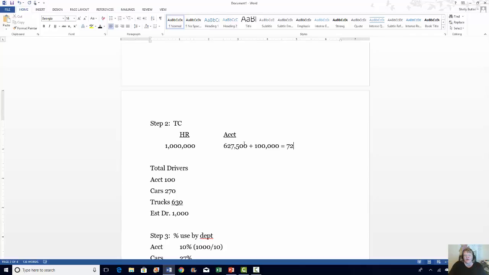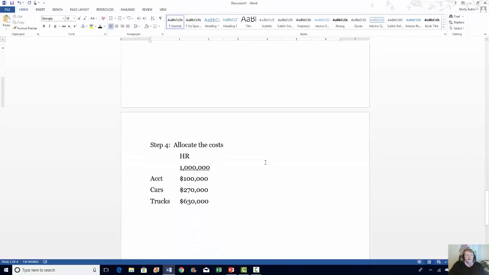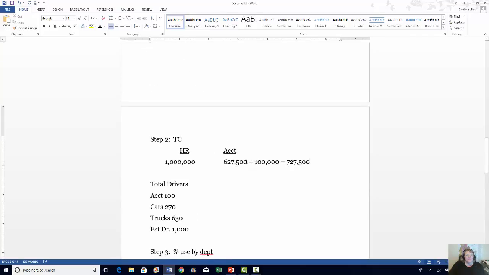So you're going to have a total of $727,500 for accounting to allocate, because accounting uses $100,000 of the HR allocated costs, or the overhead costs. So that needs to be brought up here and added to the accounting service costs that are already there. So now you have $727,500.